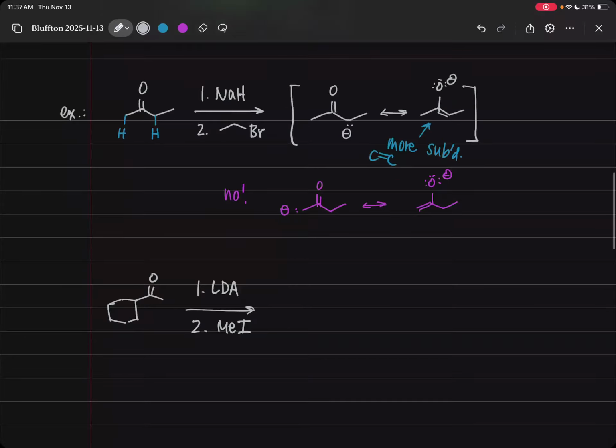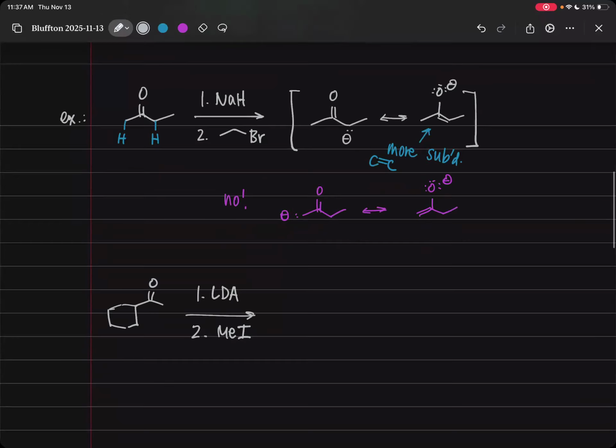Okay, so that means our alkyl group is going to go on that carbon. And what alkyl group is going to go on that carbon?